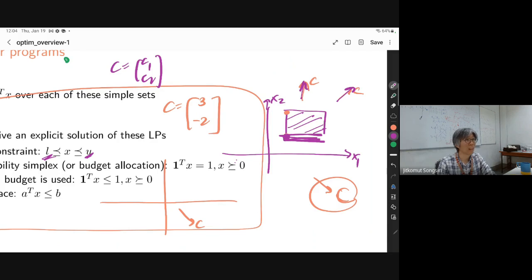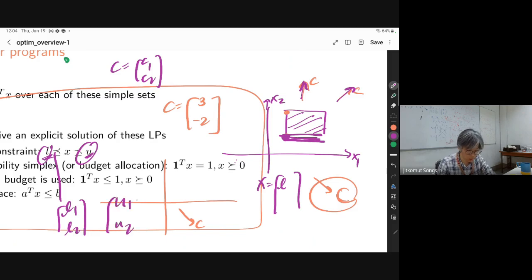lower left, which means what does it mean? Lower left? Where is it? You have these as problem parameters, right? L, which L? L has L1, L2. U has U1, U2. Where is this point?